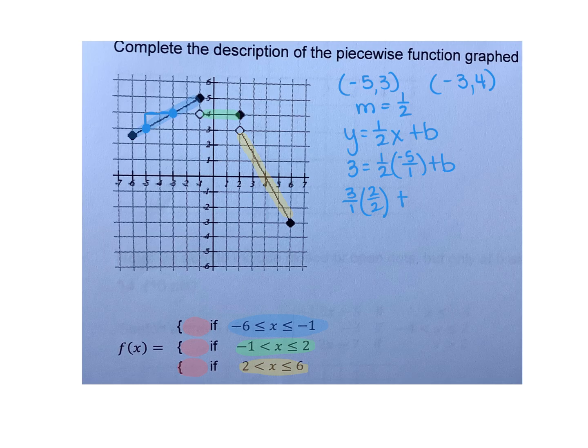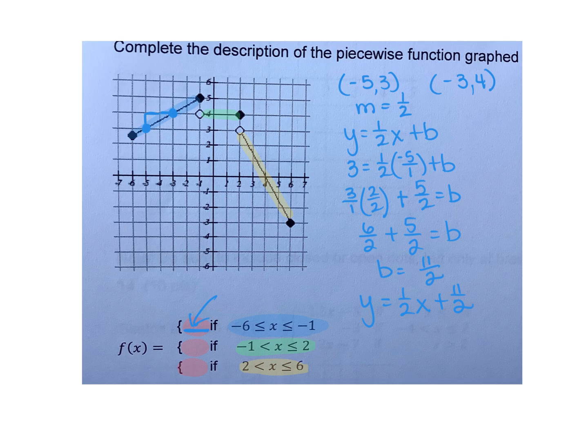So I'm now going to add 5/2 to that side to get my y-intercept. So I have 6/2 plus 5/2, which gives me 11/2. So my y-intercept is 11/2. So my equation that will go right here is y equals 1/2 x plus 11/2. So that would go right there when you type this in online.